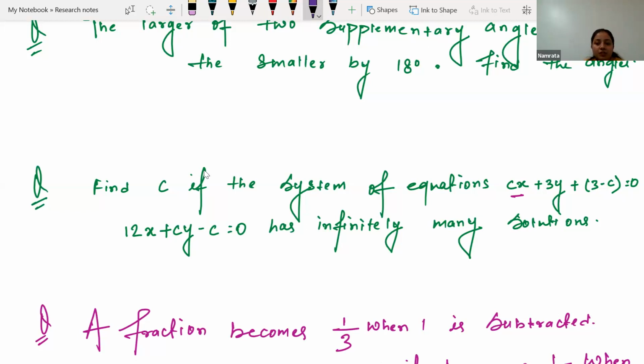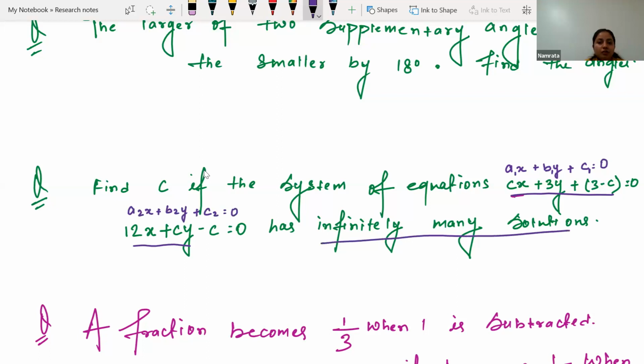If we assume one equation as a1x plus b1y plus c1 is equal to 0, and the other equation in the pattern of a2x plus b2y plus c2 is equal to 0, then for infinitely many solutions the condition is a1 by a2 is equal to b1 by b2 is equal to c1 by c2.